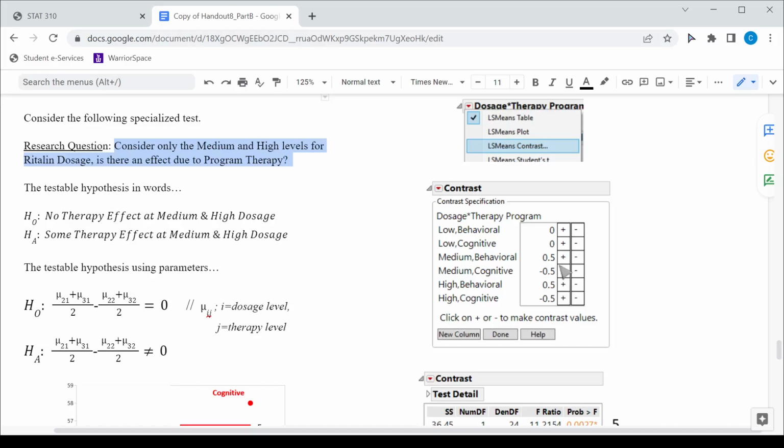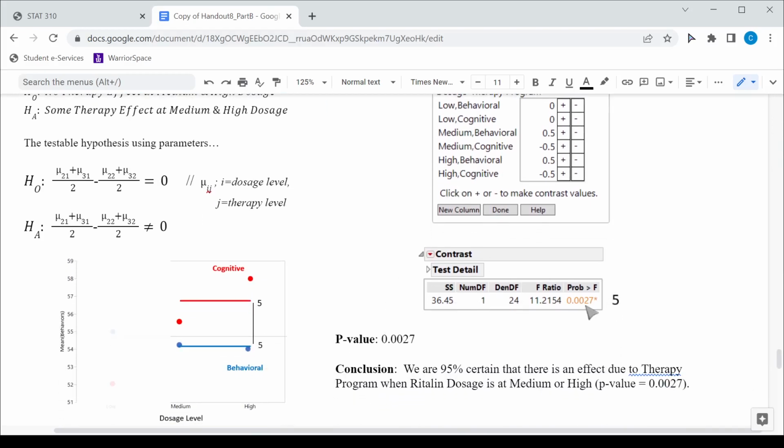Basically what that's doing is averaging all the people in this bucket and all the people in this bucket. Now the negative 1/2s here are the other side of that contrast, for the cognitive therapy program. Again, these coefficients are determined by doing a little bit of algebra like we did before.